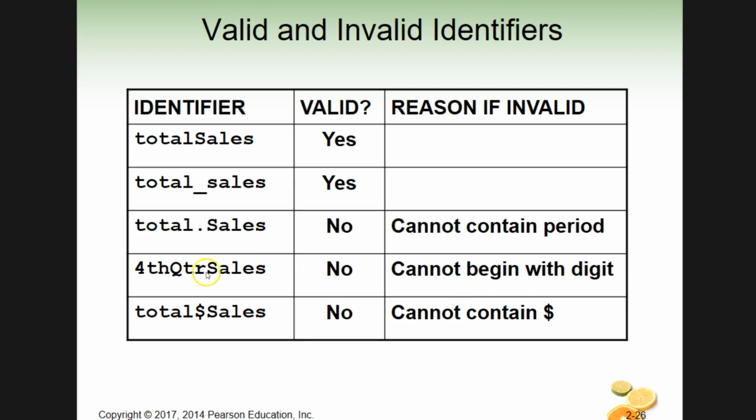What you can do instead is maybe say salesFourthQuarter, and that's your variable name. Looking at this one, total$sales can't have the dollar sign in there, so that's obviously not going to work. As we do our naming along the way, you'll get the hang of it, and it won't take you that long, and you'll be rolling right along with this.